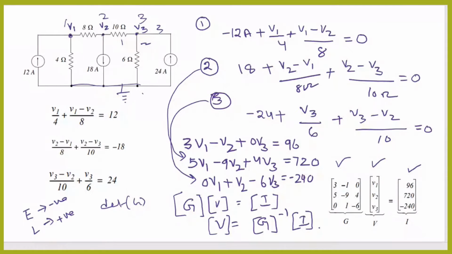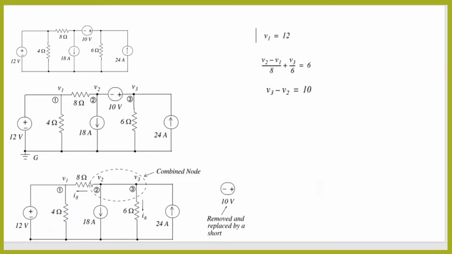That is the cofactor of 3, the cofactor of 1, the cofactor of -1, cofactor of 0, and find the cofactors of all the elements, and using the matrix inversion technique, you can find the V values.